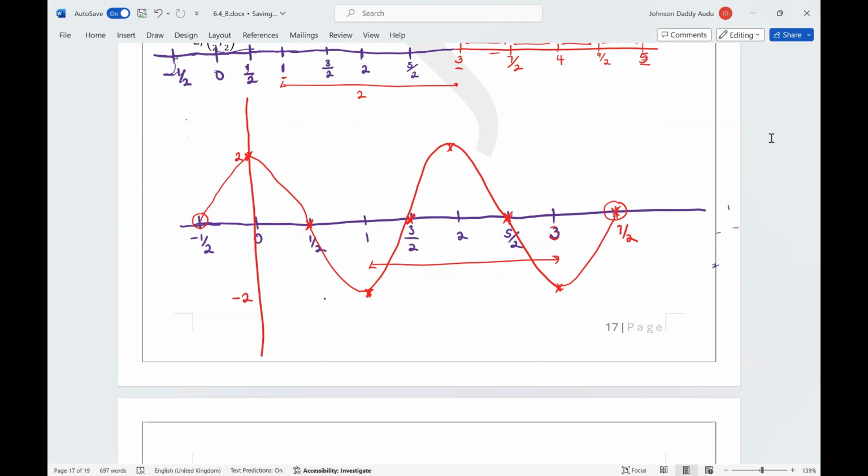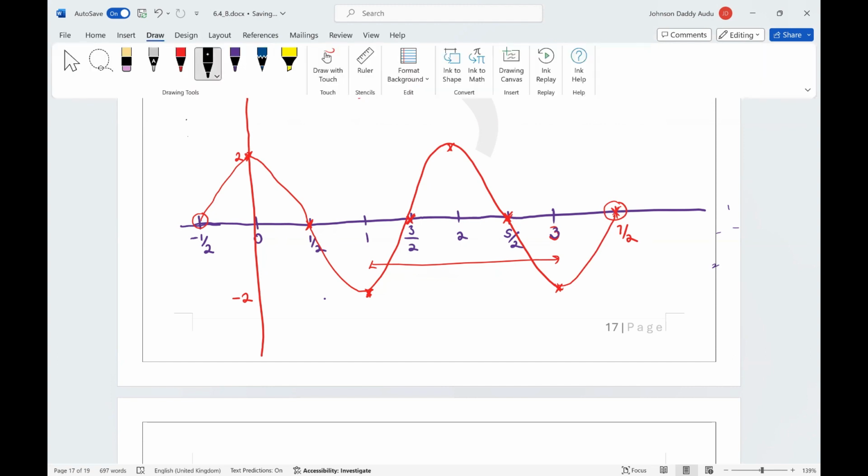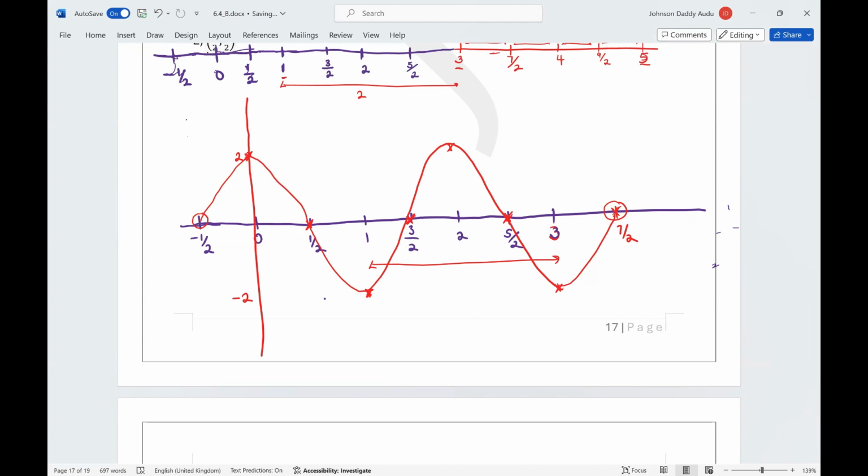Now you can see that we have the vertical asymptotes. Where do we have vertical asymptotes? This will be the vertical asymptotes. Half, and at 3/2, and also at, now here we cannot say they are vertical asymptotes.